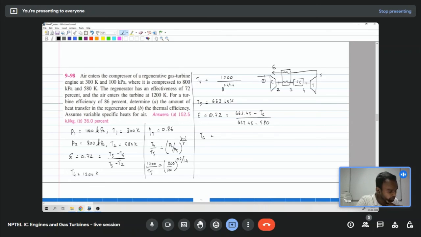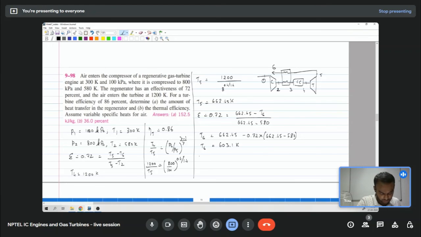T6 can be computed: it is 662.45 minus 0.72 into (662.45 minus 580). This is 603.041 Kelvin.